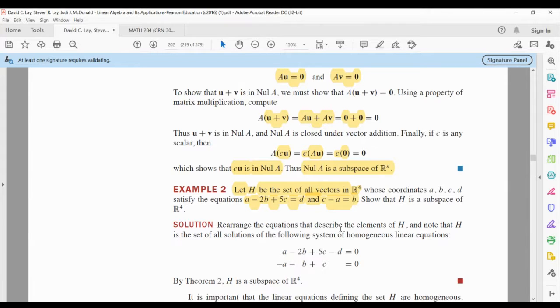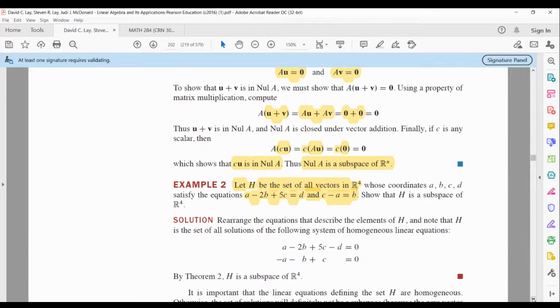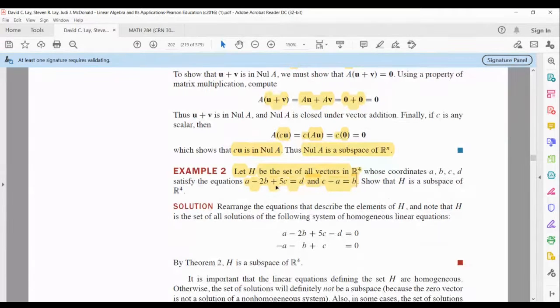Show that H is a subspace of R4. What we can do is rewrite these two equations as we have them here, where on the right-hand side we have zeros. And this means then that H has to be a subspace of R4.